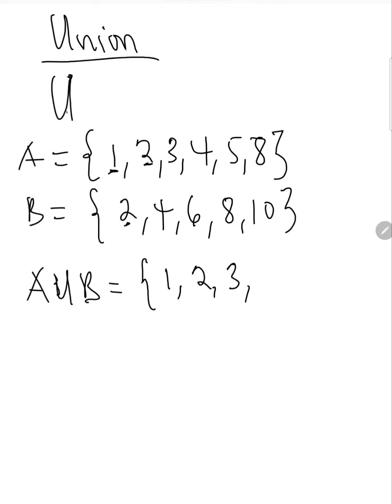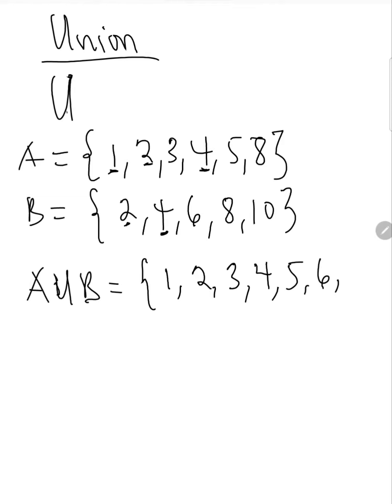But the fourth element, which is 4 in set A, is also what? The second element in set B. And don't forget, because they are appearing twice, we write what? Only 4. Now in set A, we have what? 5. In set B, we have what? 6. So don't forget, we are arranging it in an increasing order of magnitude.